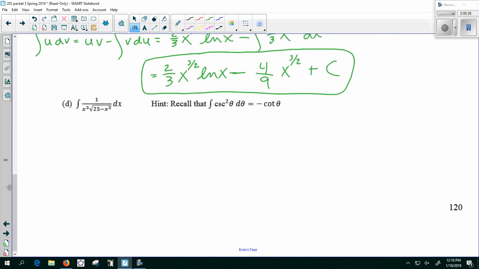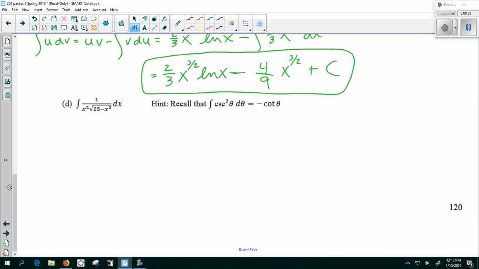Okay, last one. I want to take this integral of 1 over x squared times the square root of 25 minus x squared. So when you see this sum or difference of perfect squares, that is a hint that you should be using a trig substitution.